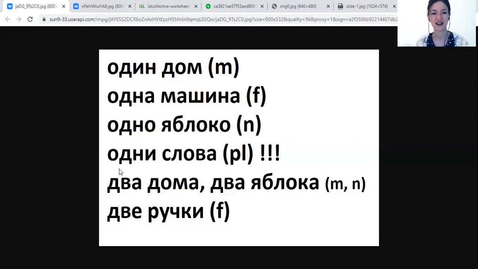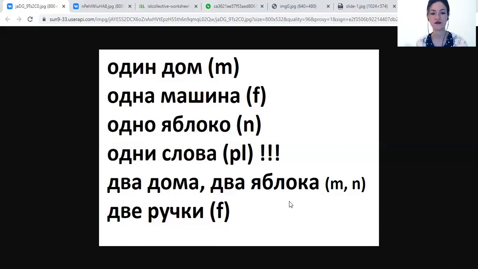Then we were talking about the number one, один, and a little problem with the word два. If the noun is masculine or neutral, you say два дома, два яблока. It's okay.